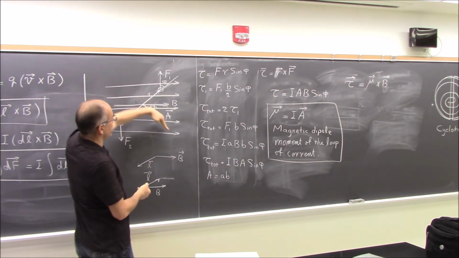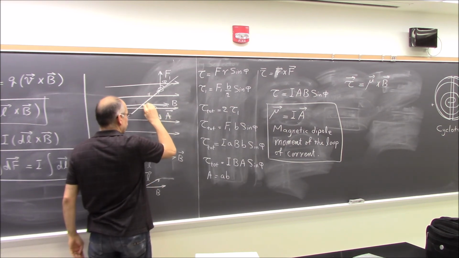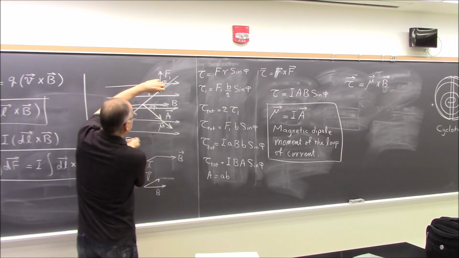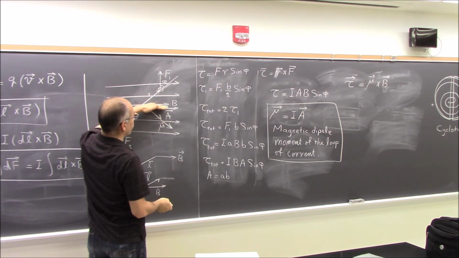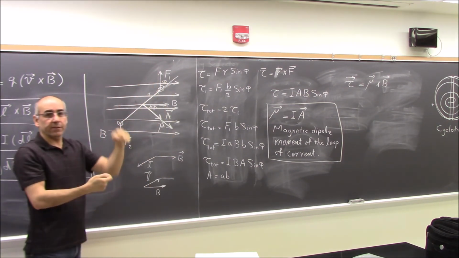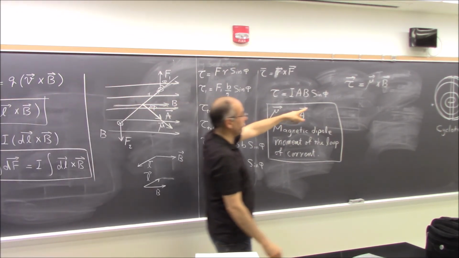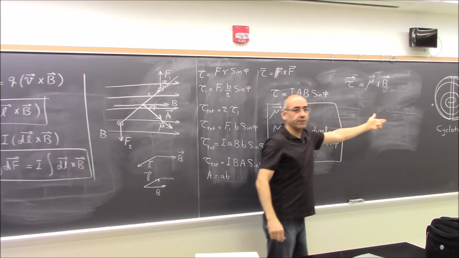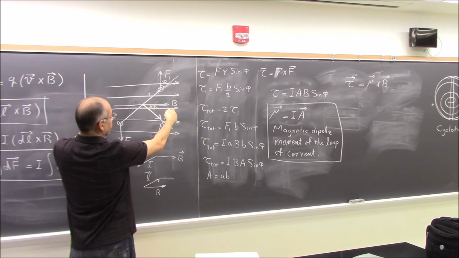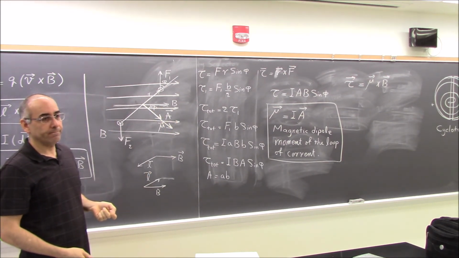You see that if mu, which is in the same direction, let me draw a vector mu here. This is mu vector. If this turns so that mu and B are in the same direction, this comes this way, the torque will be zero, right? The two forces will be in the opposite direction. So mu cross B will be zero if they are in the same direction. The torque will be zero. The torque becomes maximum if mu and B are perpendicular to each other.